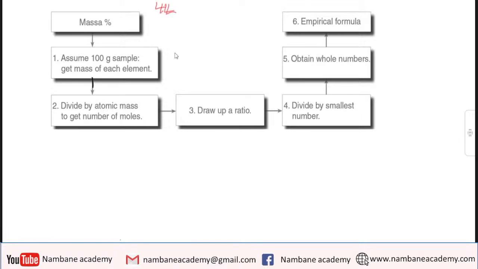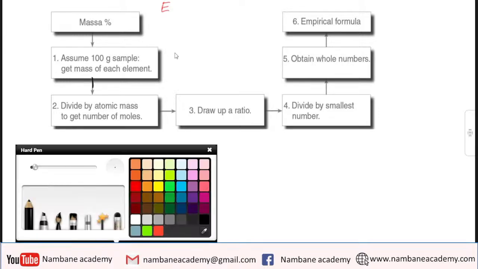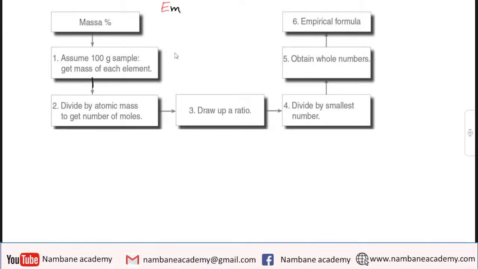Because the very same empirical formula, ladies and gentlemen, I saw a question paper of grade 12 last week. It was also asked in a grade 12 paper. So we need now to say, even though it is from grade 10, we must solidify and build moving forward. So this is now the empirical formula.